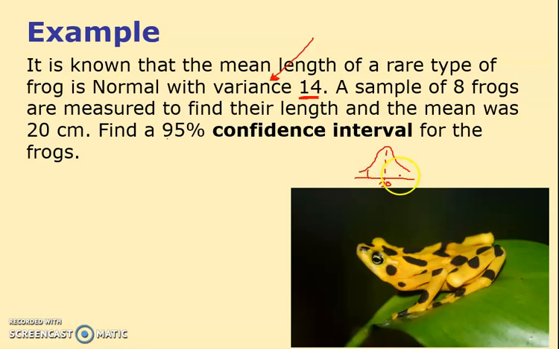So 95% is the middle part, and you can imagine it's 5% left over, and each end therefore is 2.5%. And so for the left hand side, I'm going to type in area equals 0.025, 2.5%. Yes, that's right. So 0.025 is the area.